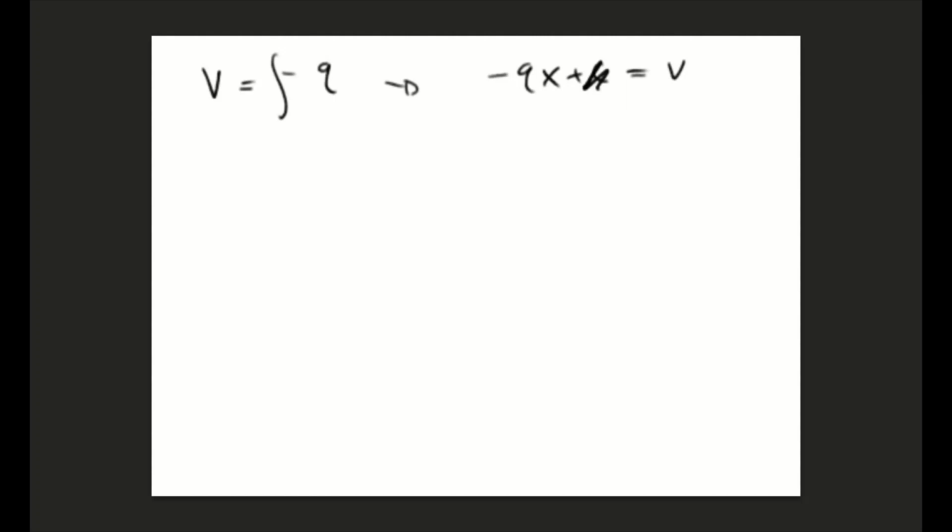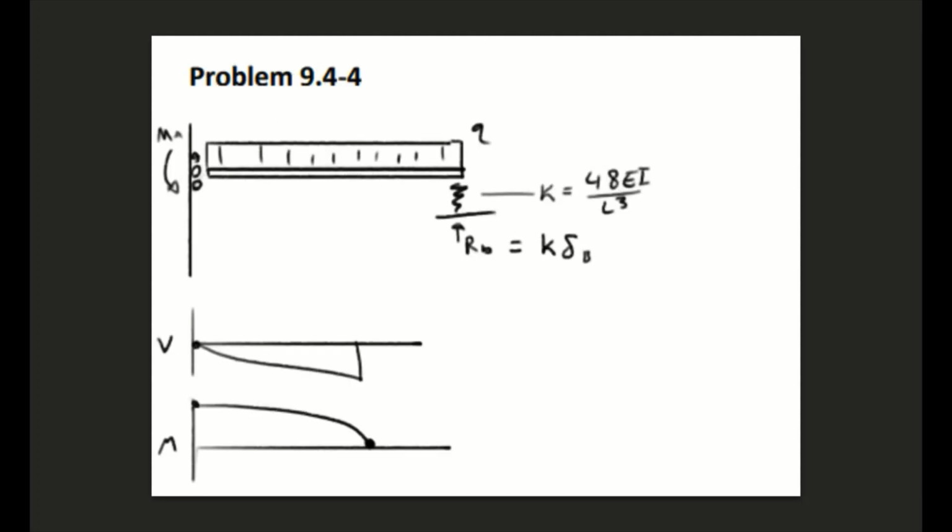Okay, so now we do the moment, and we can say that the moment is the integral of negative Qx, which is going to get us M = negative Qx squared over 2 plus C. Looking back at this diagram, at length L our moment is 0.